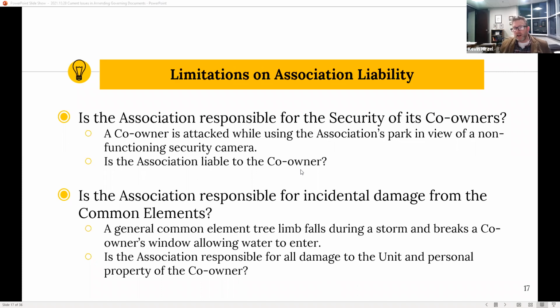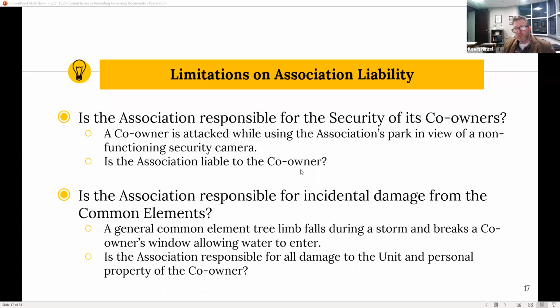All right, along these lines, from an amendment standpoint, and this somewhat comes out of the COVID pandemic also, there are issues related to liability. The amendment process can be used to create limitations on the association's liability or exposure to liability. And I'm not talking about the exposure of an individual director, but about the association itself.